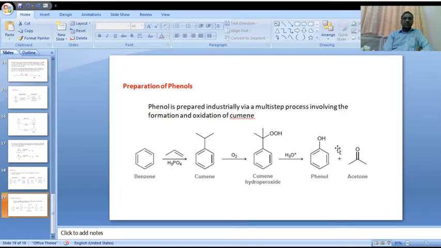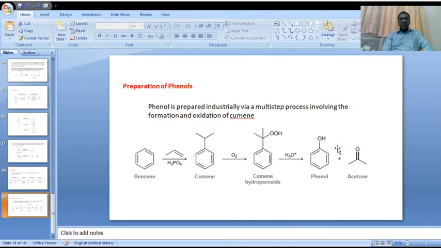Today we are going to discuss another preparation of phenol and the remaining chemical properties of alcohols. Before going to the chemical properties, the last preparation of phenol.